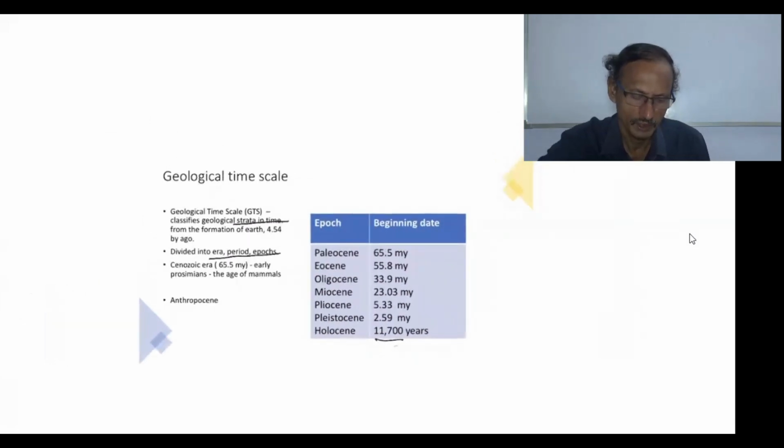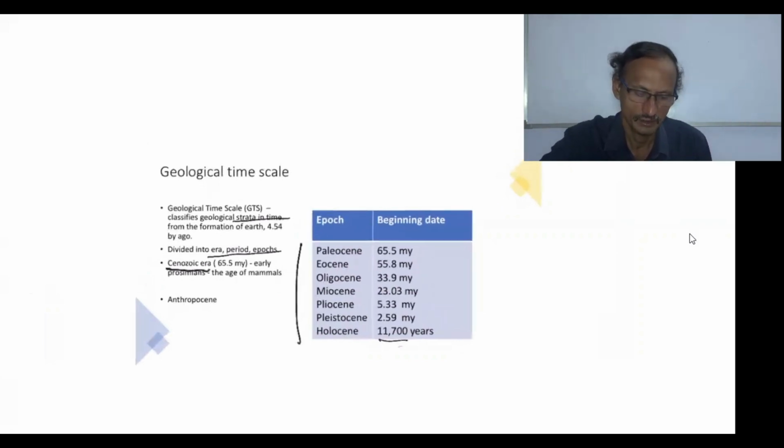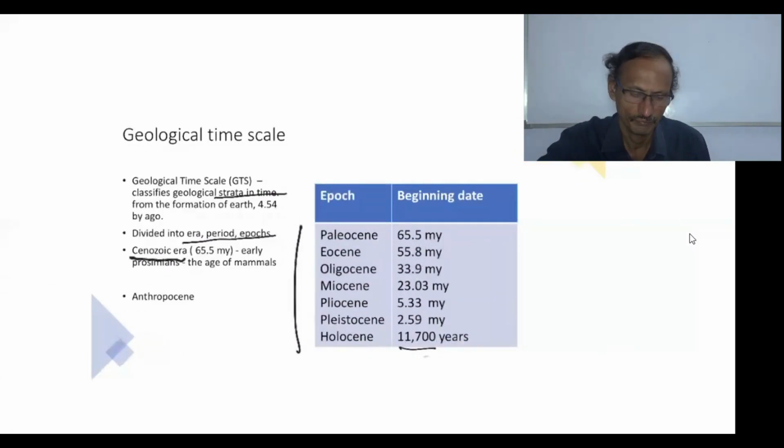All this comes under the Cenozoic era, starting from 65.5 million years ago, which is called the Paleocene epoch. Paleocene, Eocene, Oligocene, Miocene, Pleistocene, Holocene. Holocene is the latest.